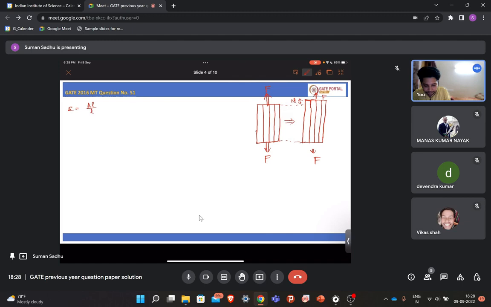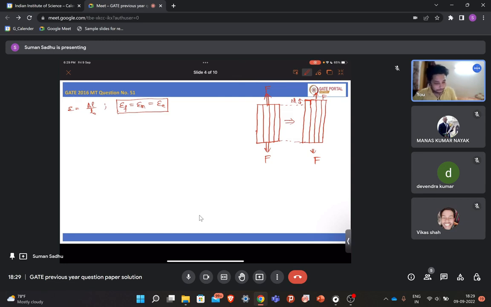Epsilon is delta L by L naught, right? So epsilon will be the same for the matrix and the fiber, and also the same for the composite, because the length change will be similar if you load along the longitudinal direction. In the earlier case the force was the same. In this case, what is the same? Epsilon, that is strain, is the same.